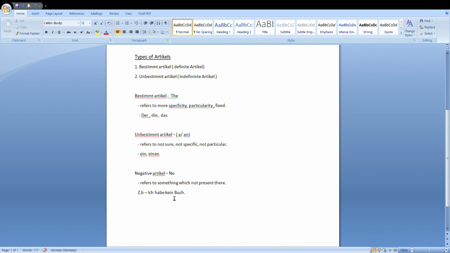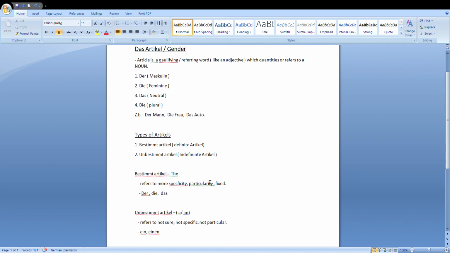So just remember for now that kein represents the negative article, and this whole sentence, Ich habe kein Buch, means I have no book. Simple. Okay, this is the negative article.